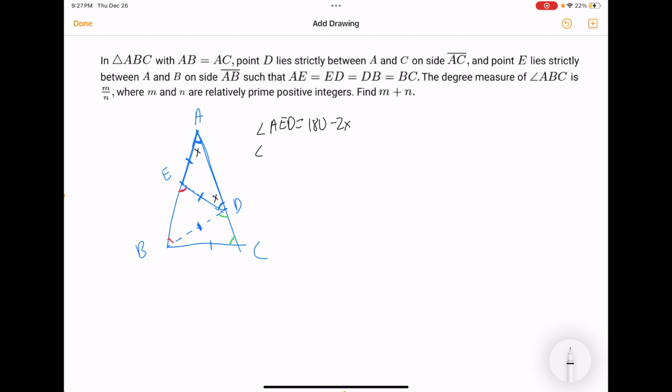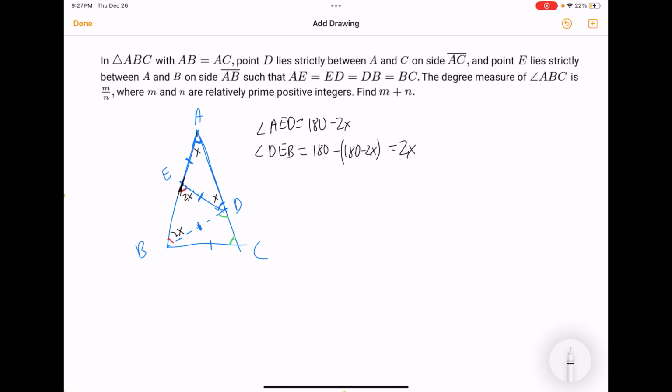So angle DEB would be equal to 180 minus (180 minus 2x). Essentially, because we know this is a line, the whole measure is 180, and then subtracting angle AED. So this basically is equal to 2x.